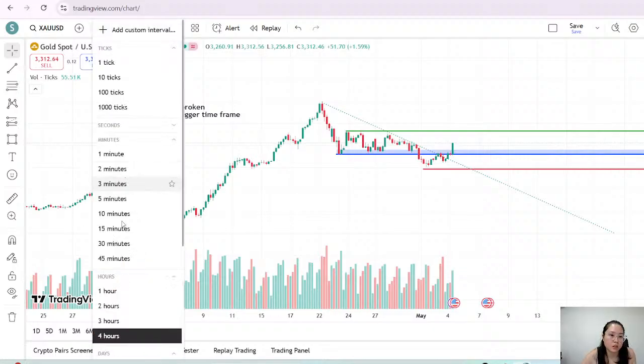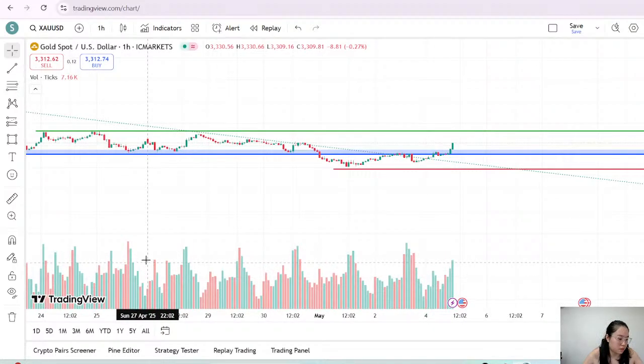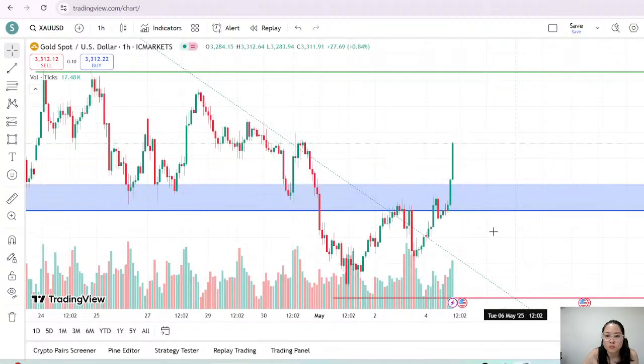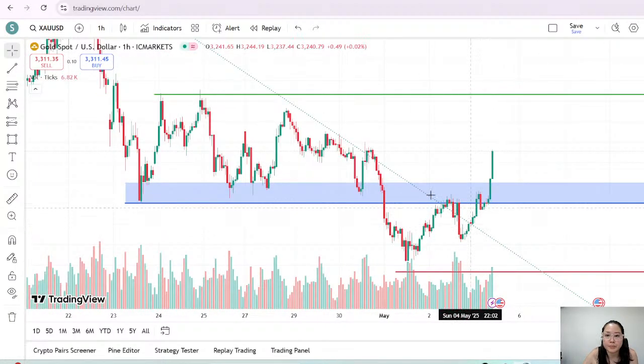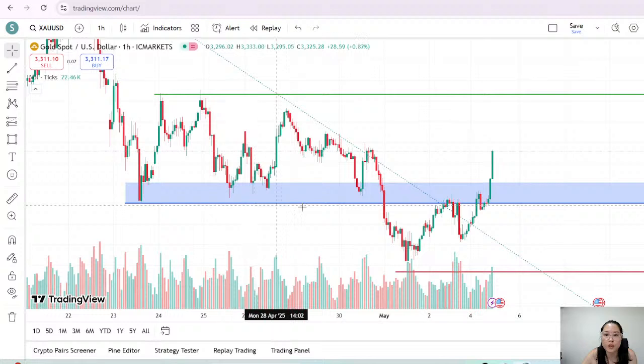Let me see on the 1 hour. Yeah. So this blue highlighted area is the area that I think the buy entry is the best.